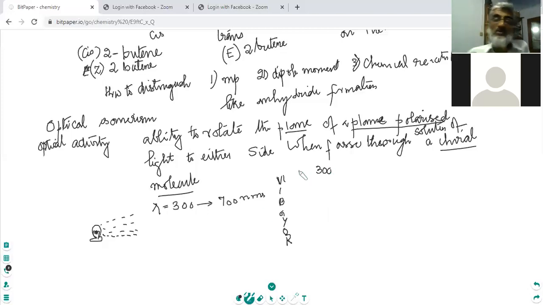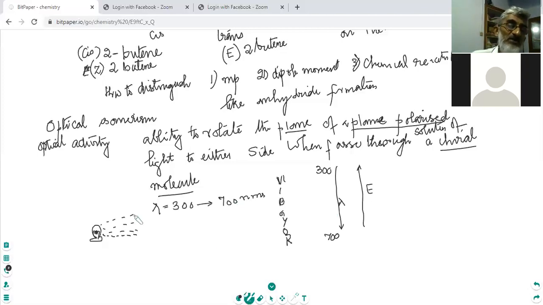Violet light will have lower wavelength, higher energy, and red will have higher wavelength, lower energy. So here the wavelength is increasing, and at the same time, the energy is decreasing. So this is an ordinary light.